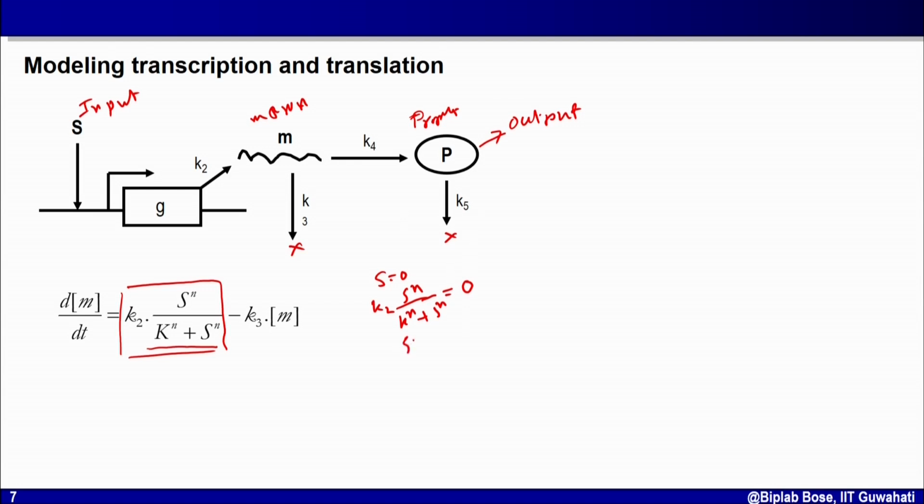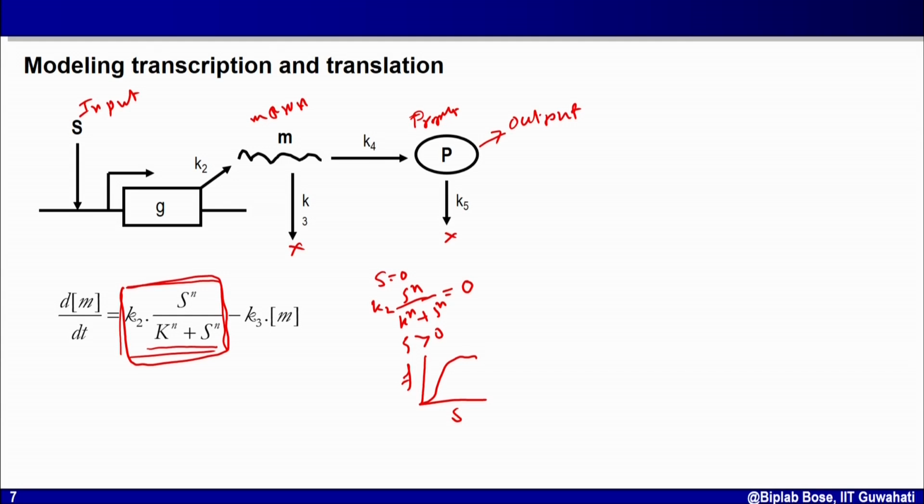When s is greater than 0, then this function will have sigmoidal behavior, depending upon s. So as s increases, this whole term will also increase and reach a maximum value k2, because the Hill function has a maximum value 1, so 1 into k2 is k2.